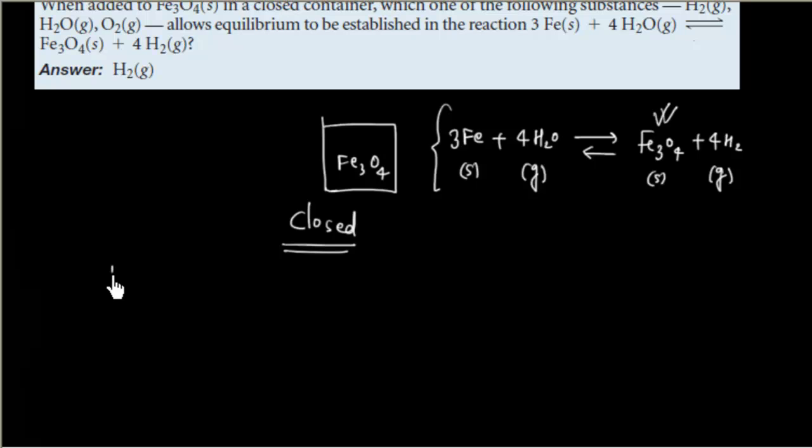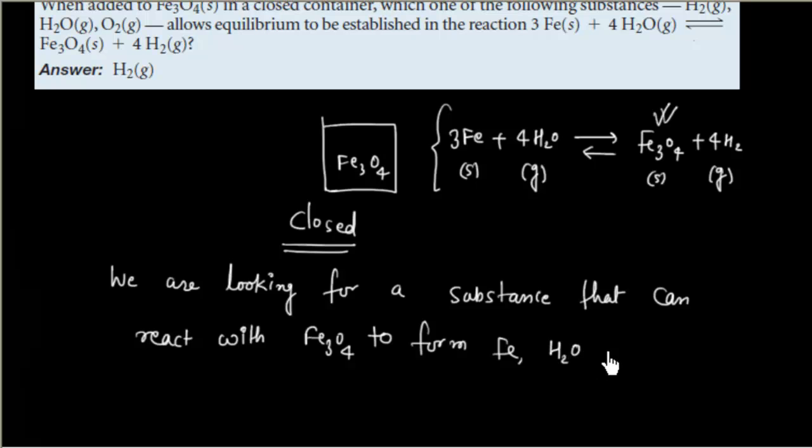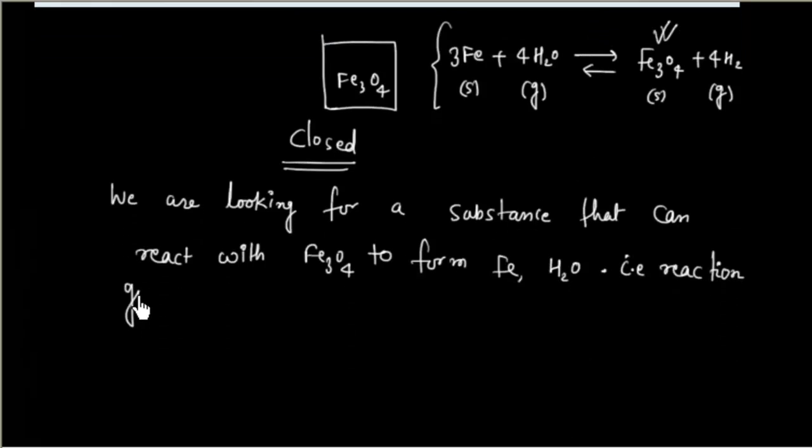So basically we are looking for a substance that can react with Fe3O4 to form Fe and H2O, that is, in the backward direction, that is, the reaction goes in the backward direction.